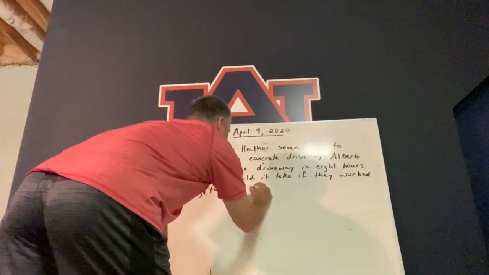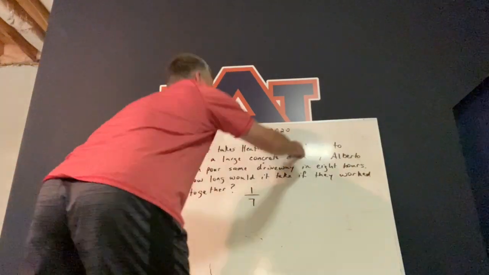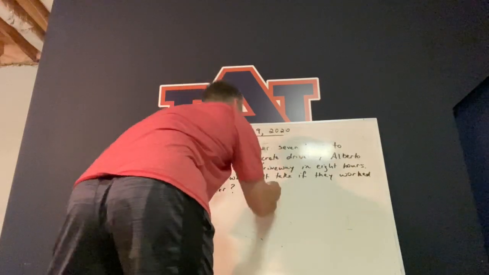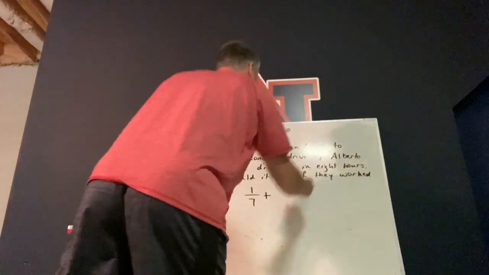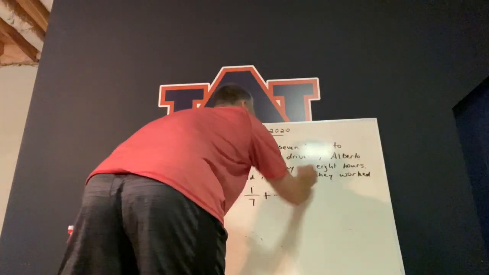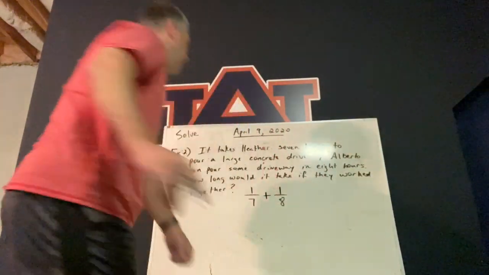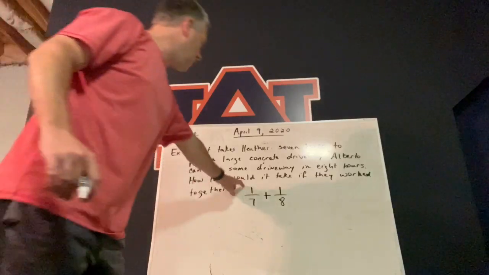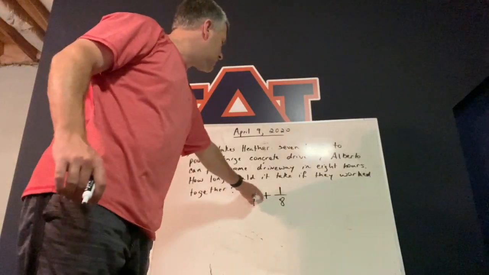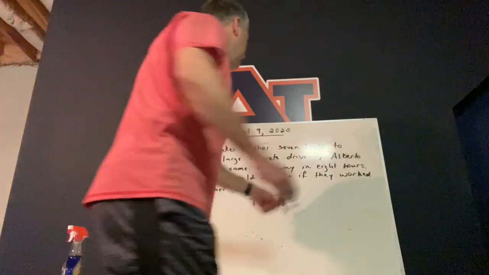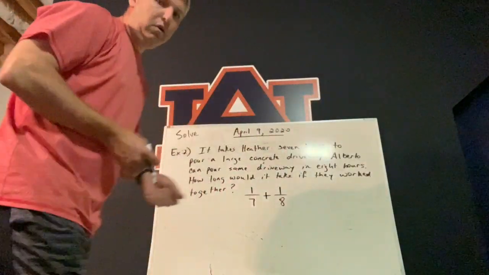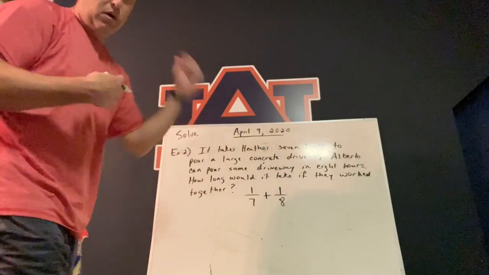So we're going to say 1/7, take hers, write it over 7, plus take Alberto's, put his under 1, so it's 8. So that's how we write it. 1/7 plus 1/8 equals, and if the numbers were 12 or 13, it'd be 1/12, 1/13.